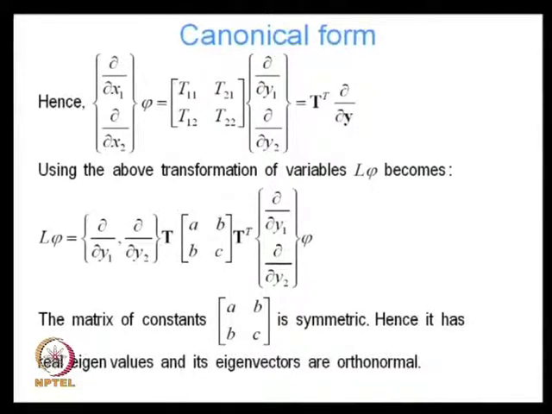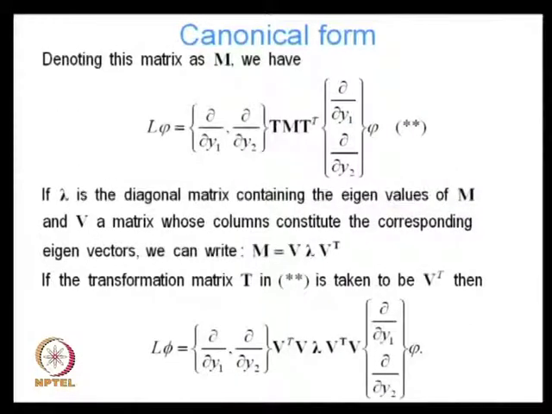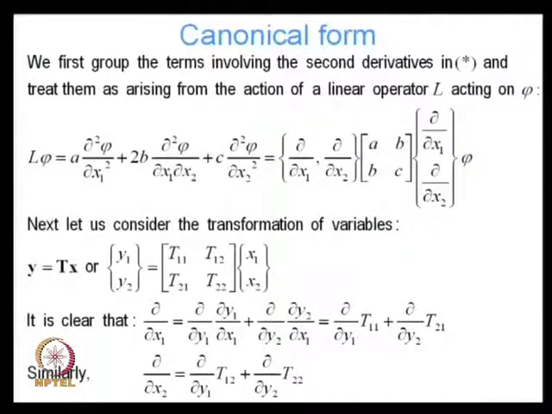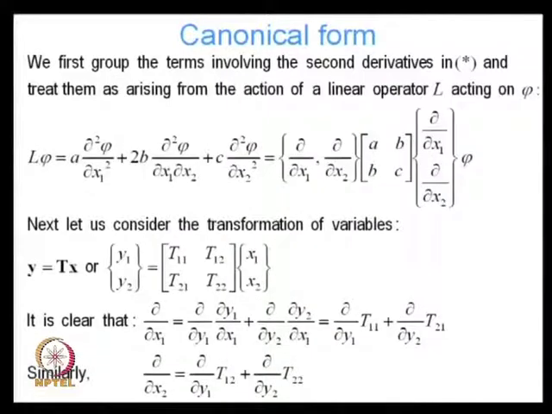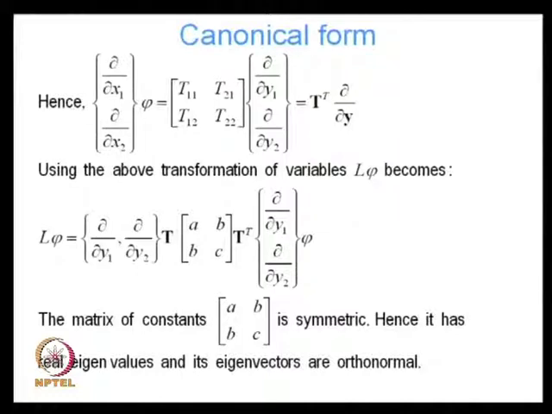So, this becomes del del y transpose T, and then I have my little matrix A B B C. So, that remains the same, and then I have del del x1 del del x2, which I know is nothing but T transpose del del y, right. So, I get it in this form, right.